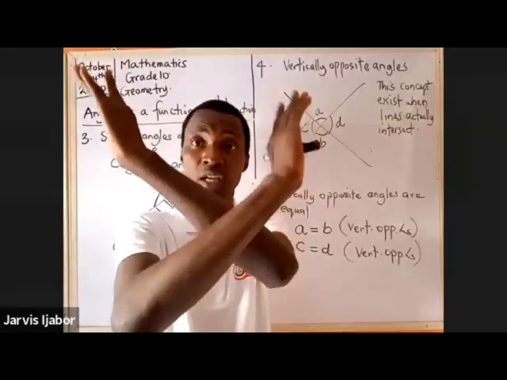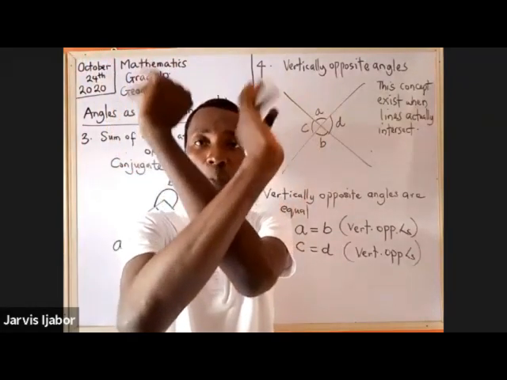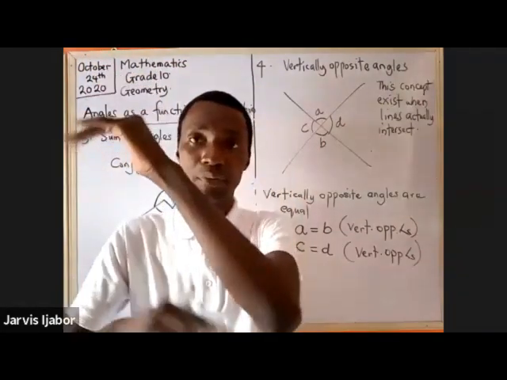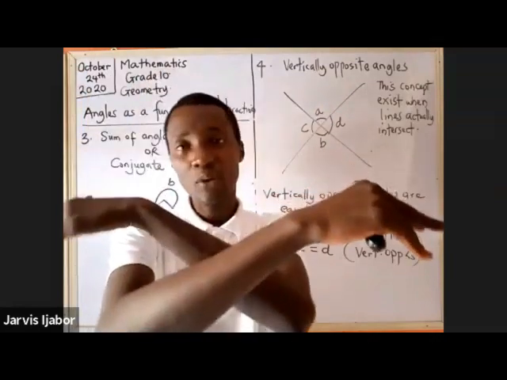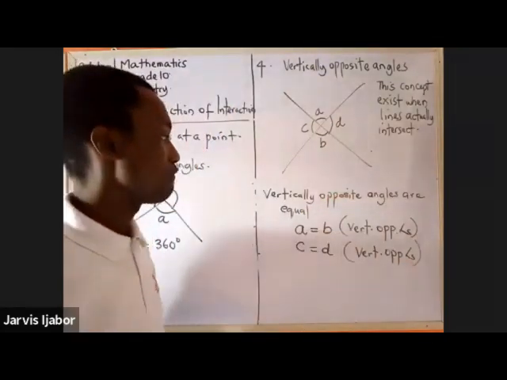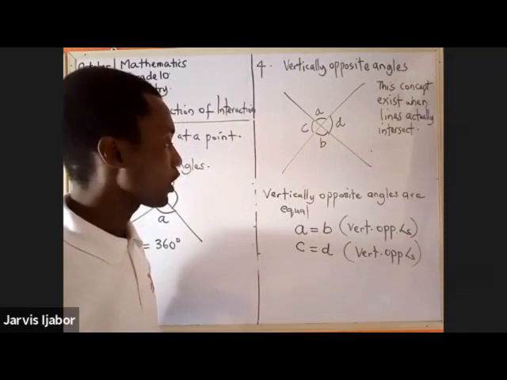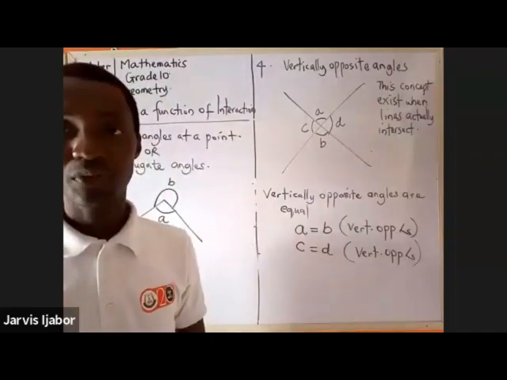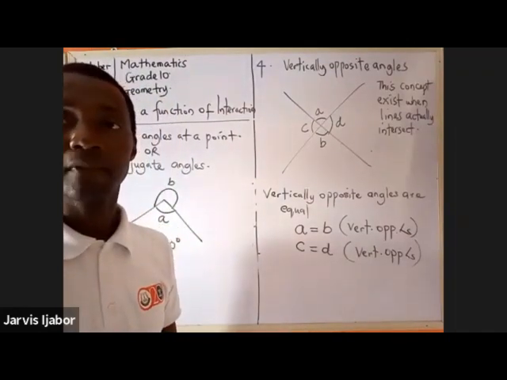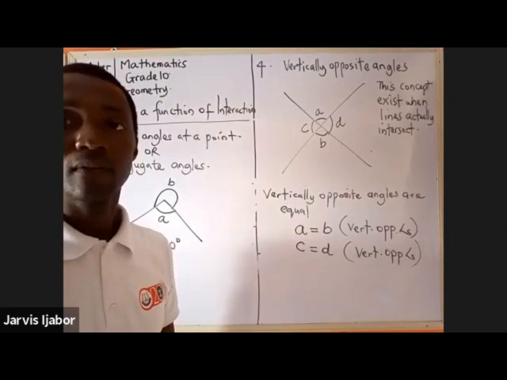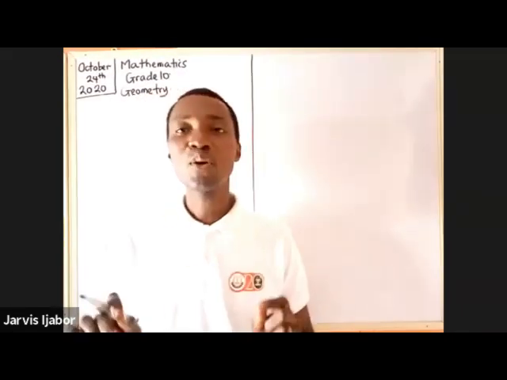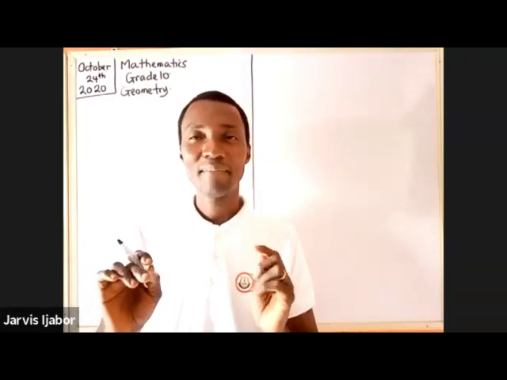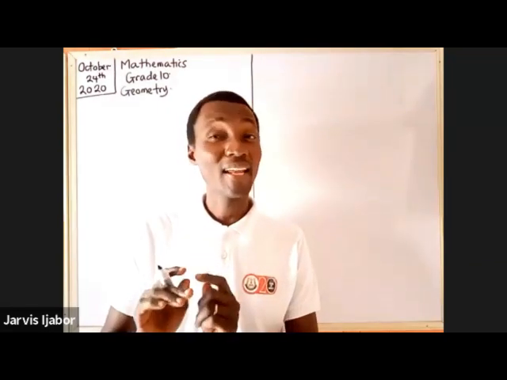So if I have lines that are intersecting, this angle up will be seeing this angle down, and this angle on this side will be seeing this angle on this side. So that's what we mean by vertically opposite angles. Okay? We'll be going into something that is peculiar to parallel lines, and I need you to really listen very well. Now, angles.